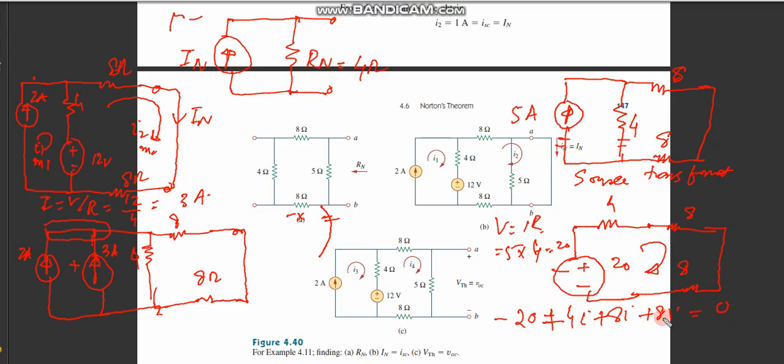So basically if you see, now the total current would be: minus 20 equals to minus (4 plus 8 plus 8, which is 20) i. So this cancels with this. It means I is equal to 1 ampere. So it means that this value has a value of 1 ampere. This I is also equal to your nodal current, which is IN. So this is how you perform the Norton analysis.